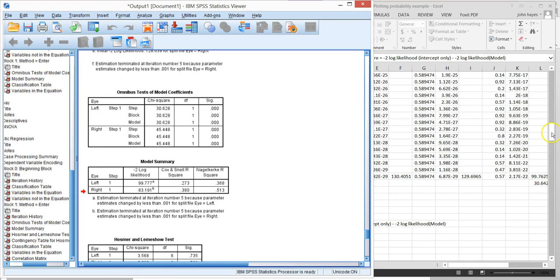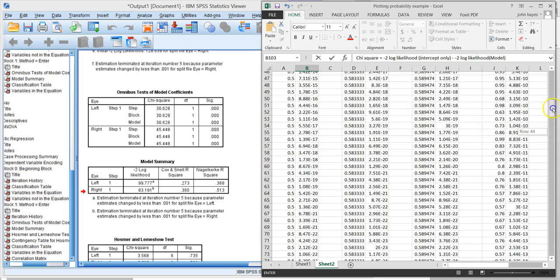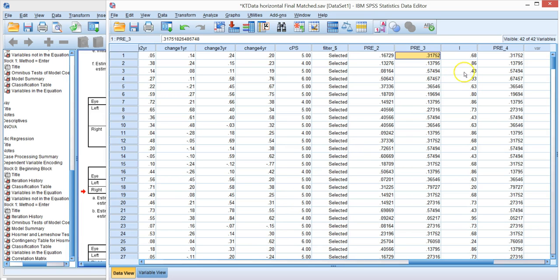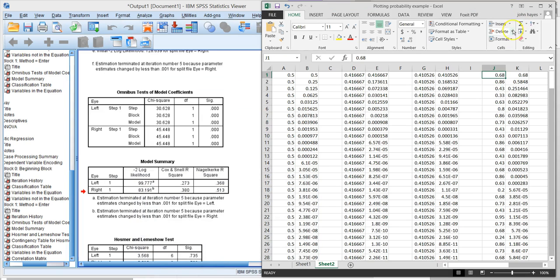I have copied those probabilities into Excel. This column, 68, 86, 43, 68, 86, 43, all those numbers are copied here.